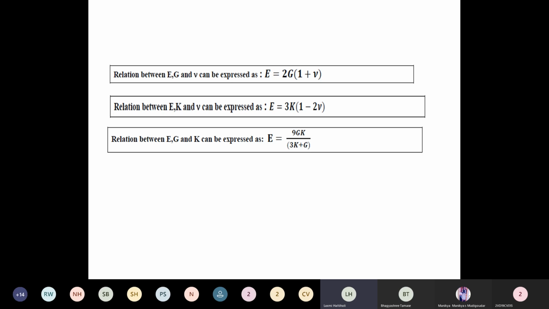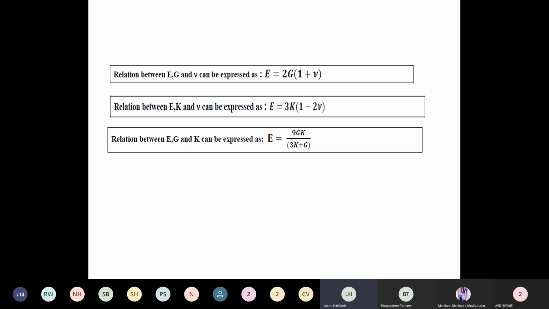Similarly, we have derived the second equation, between E, K and mu, and we got E is equal to 3K into (1 minus 2 mu). In terms of m, it is 3K into (1 minus 2 divided by m). That's also correct.